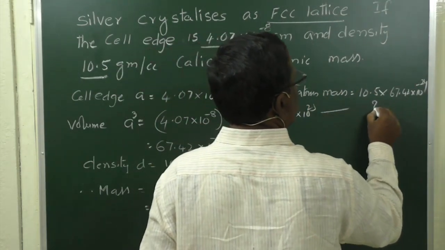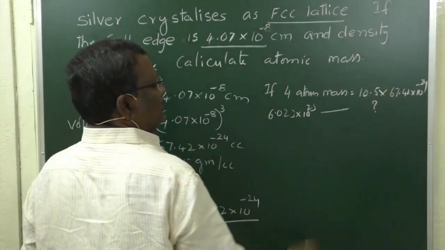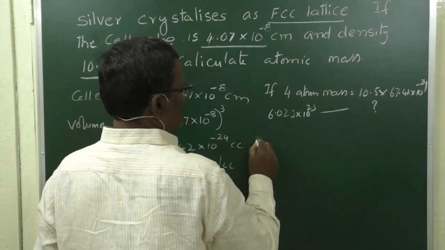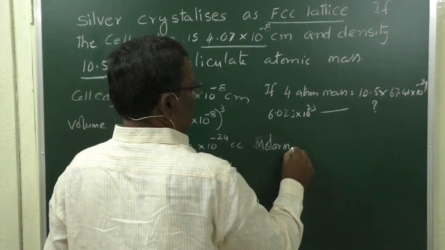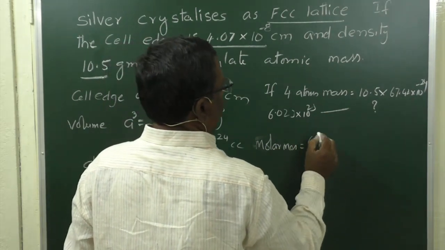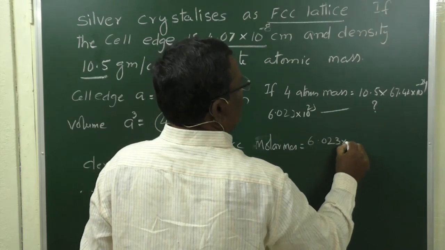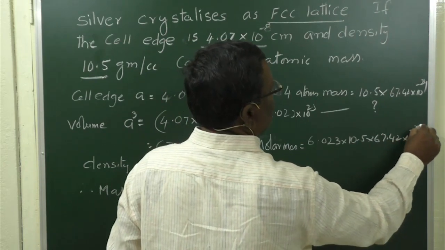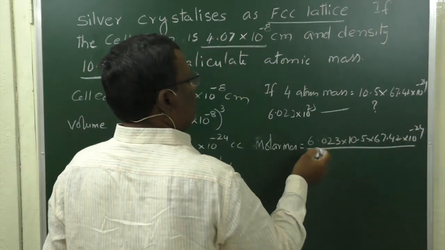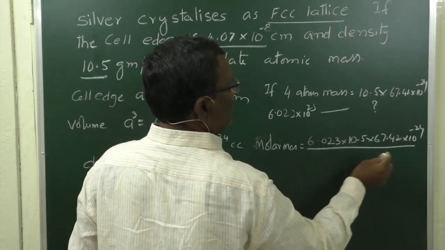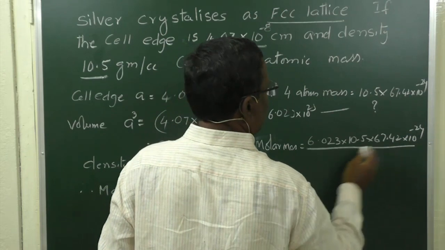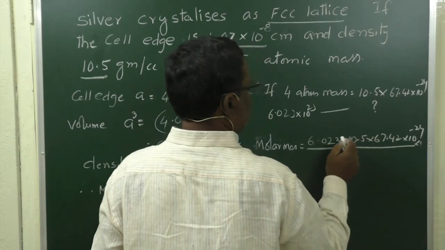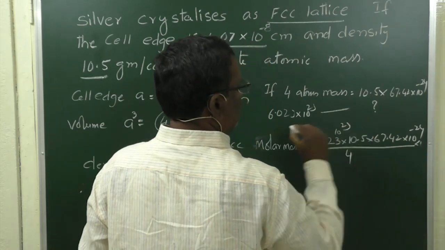This will give us the atomic mass. So, atomic mass, that is molar mass, is equal to 6.023 into 10.5 into 67.42 into 10 to the power minus 24, into 10 to the power 23, by 4.